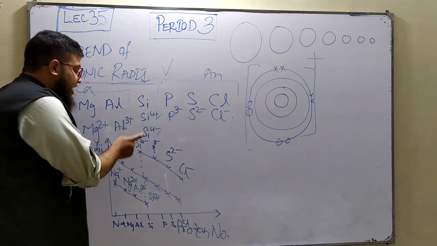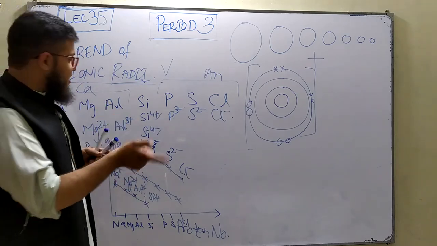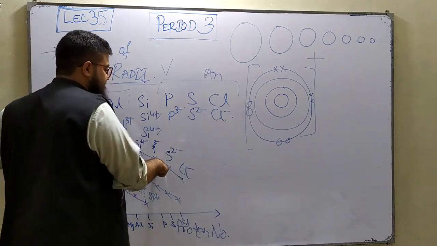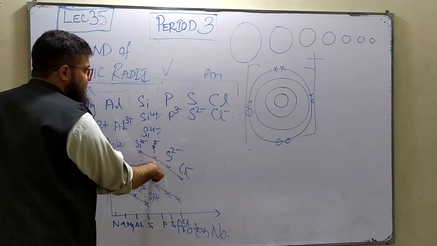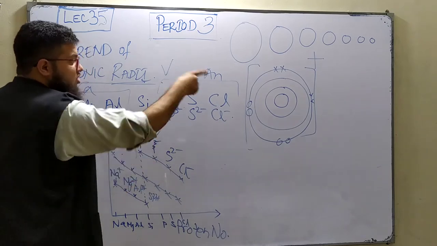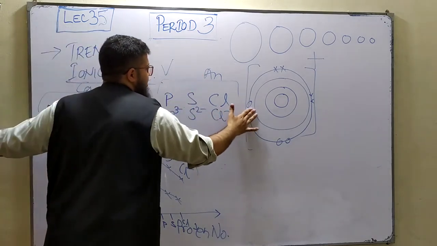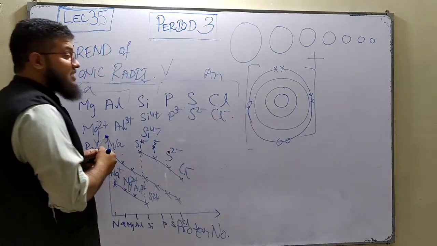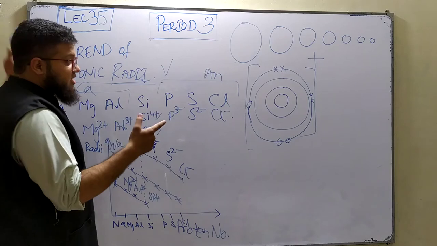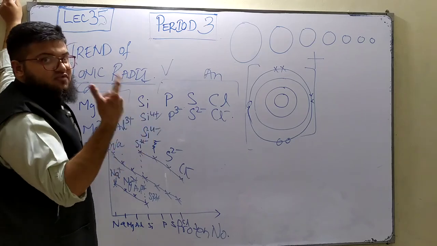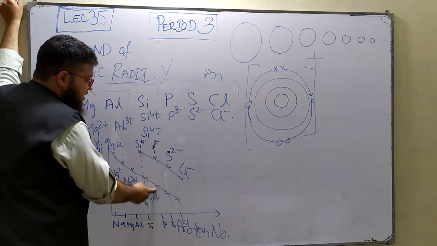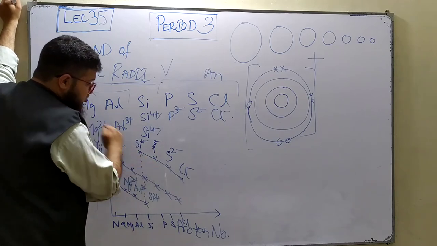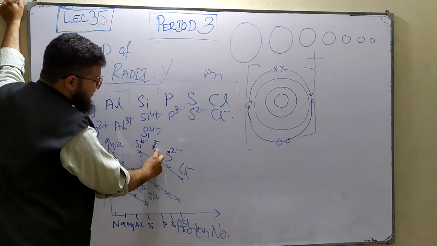Then the phosphide ion will also accept electrons, but it accepts 3 electrons. Since it has accepted only 3 electrons, it has a greater effective nuclear attraction than silicon, but it's going to be less than the phosphorus atom's... it's going to reduce, but it's going to stay above phosphorus.